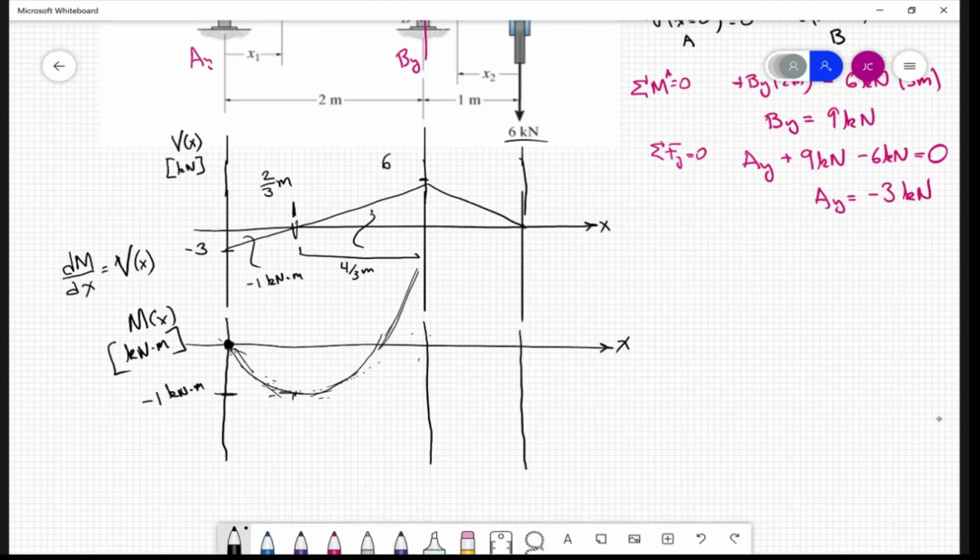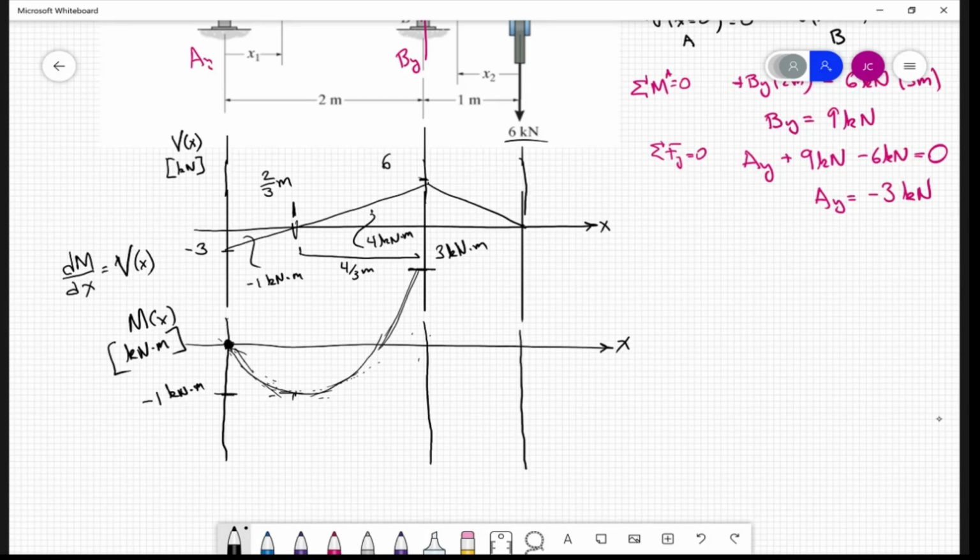So this area here is 4 kilonewton meters, correct? That's the area there. And so if we start off at minus 1, we're going to go up that 4. So this will put me up here at 3 kilonewton meters, right? And now we have a negative slope, and it's going to go down.